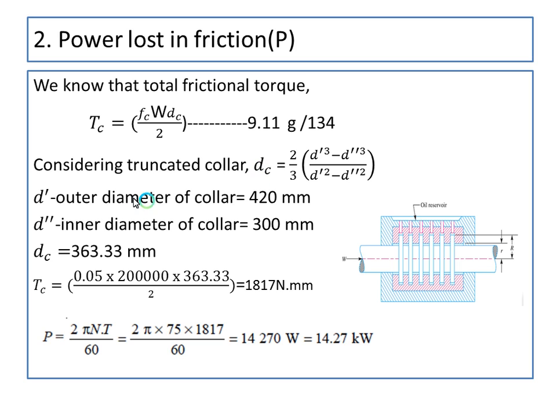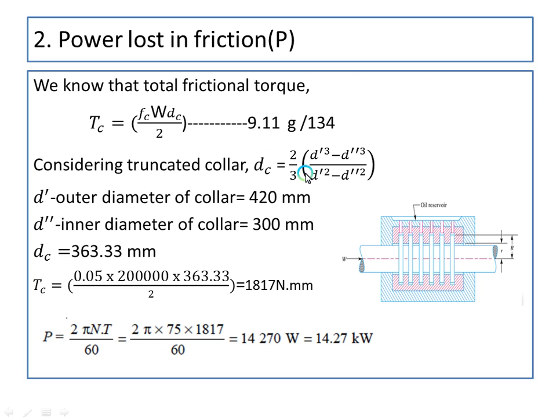Since I am considering a truncated collar, the equation will be dc is equal to 2 by 3 into d dash cube minus d double dash cube divided by d dash square minus d double dash square. This is also there in the data handbook, near the same equation.